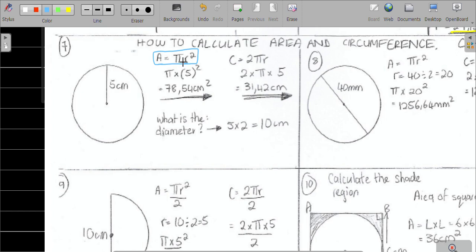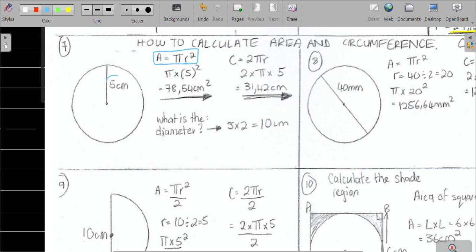I am using pi on the calculator, but if they state to use 3,14 or 3,142, please follow the instructions and go ahead with that.